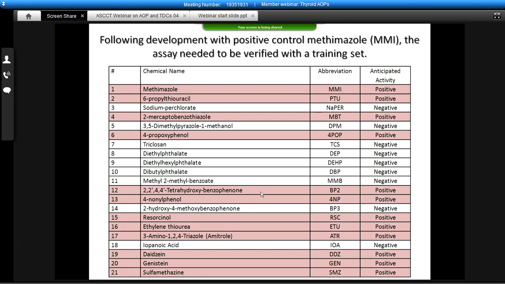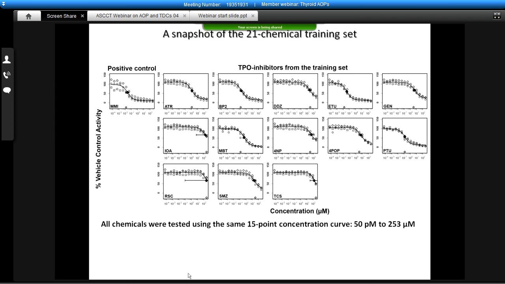Benzophenone 2, I've already mentioned, is a UV blocker found in sunscreens. Resorcinol is a coal pollutant. Ethylene thiourea is a common metabolite of the bis dithiocarbamate pesticides. Amitrole is a herbicide. Daidzein and genistein, many of you will be familiar with as dietary isoflavonoids. And then sulfamethazine is a sulfa drug, a sulfa antibiotic.